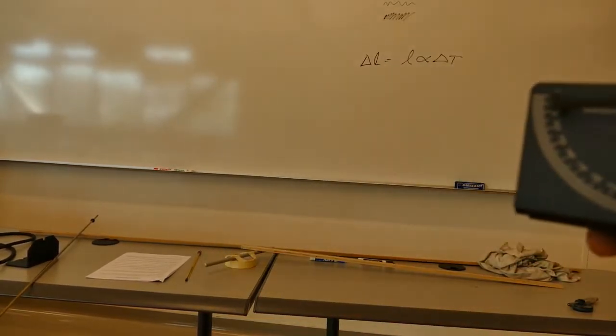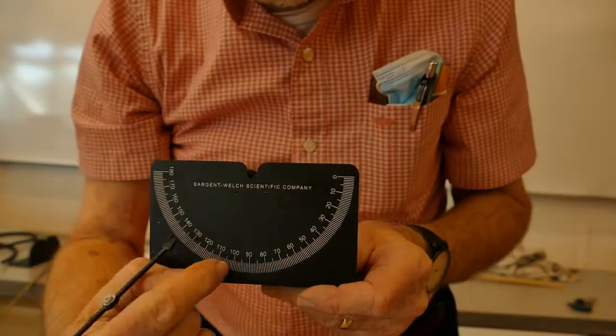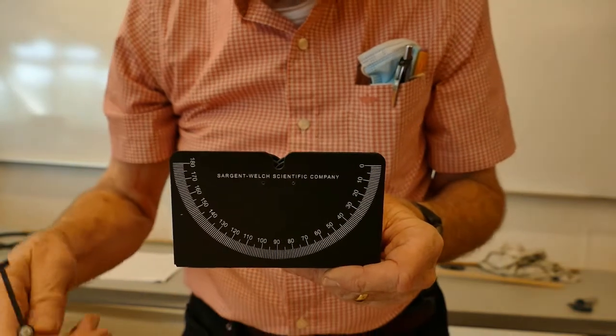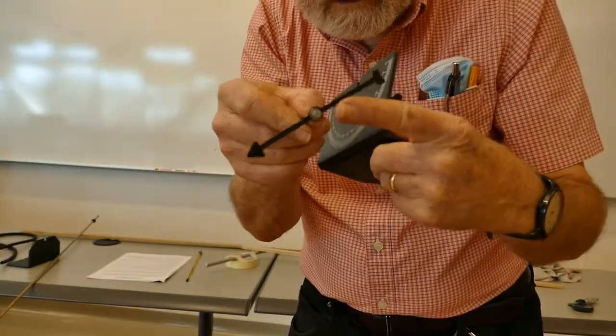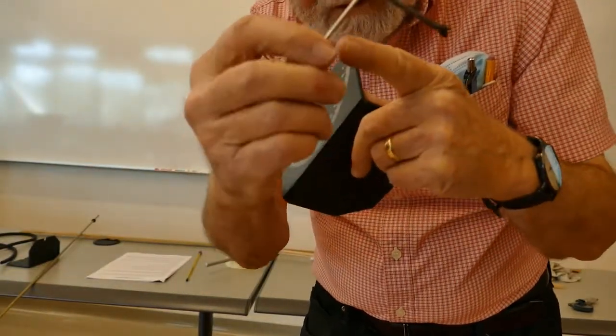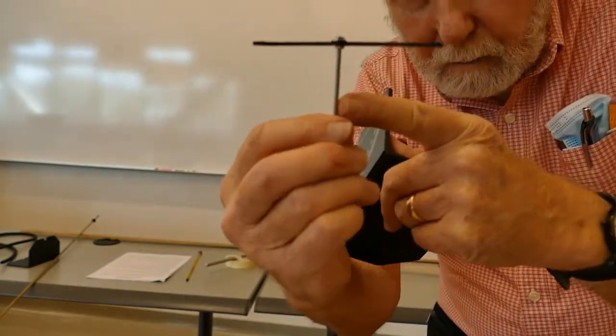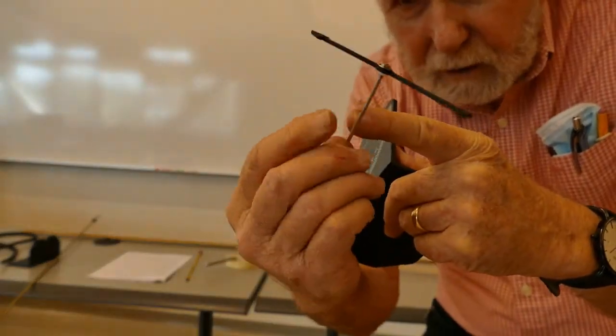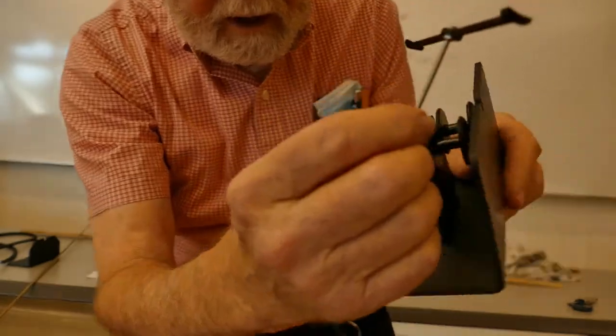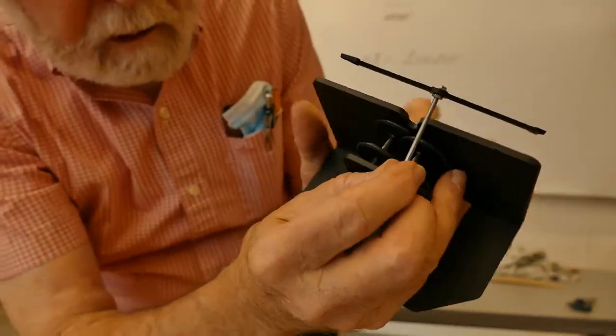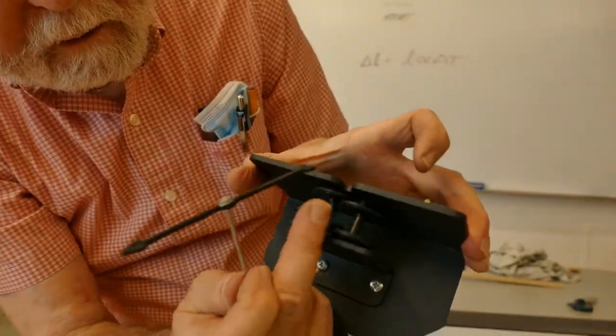Okay, so we have a little protractor here, an angle measuring device. We have our arrow. The arrow is on this tiny little narrow axle, and we lay the axle onto these wheels here.